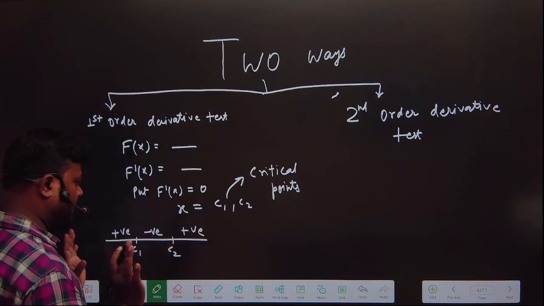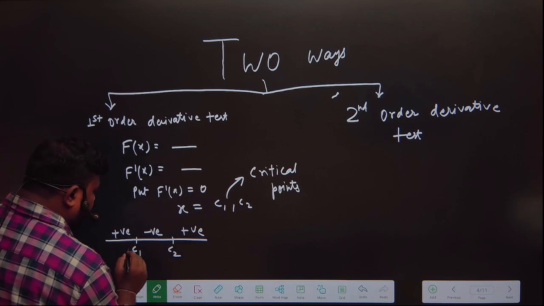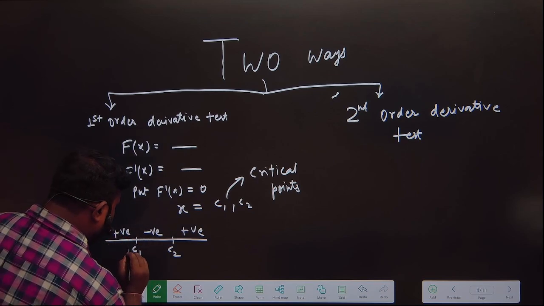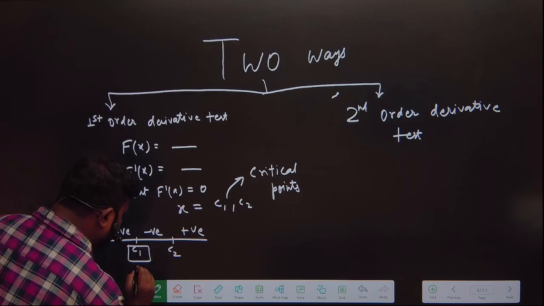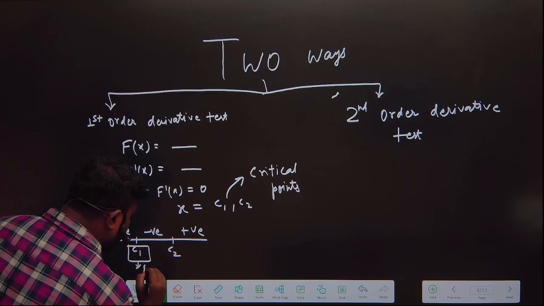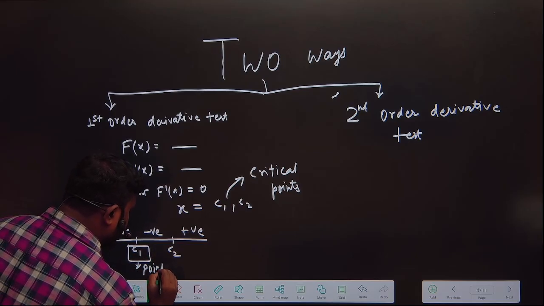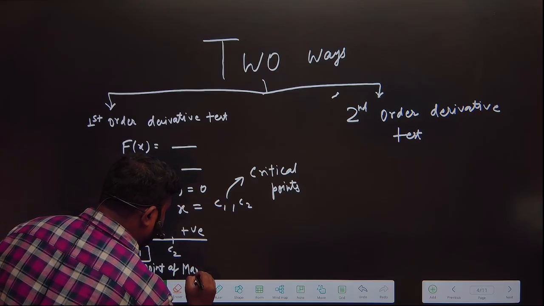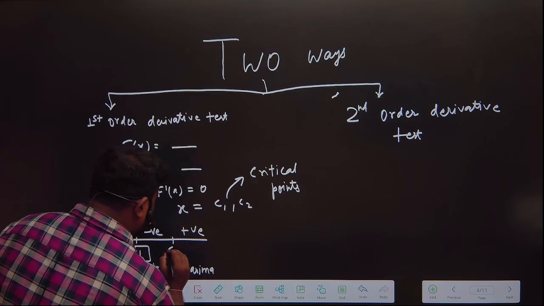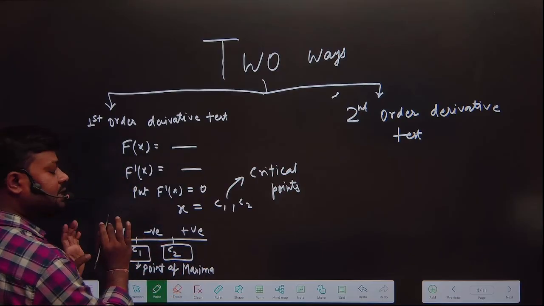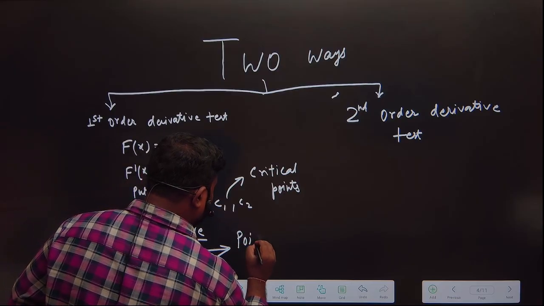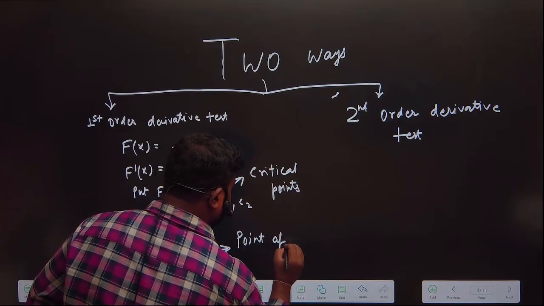I am assuming it like that. Here, the slope changes from positive to negative. It means this point c1 is known as the point of maxima. Now if you look at c2, here the sign changes from negative to positive. This is known as the point of minima.